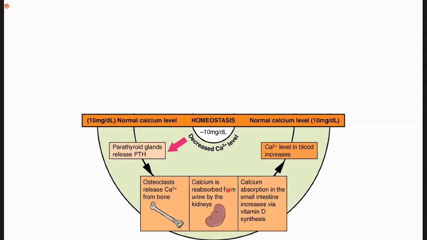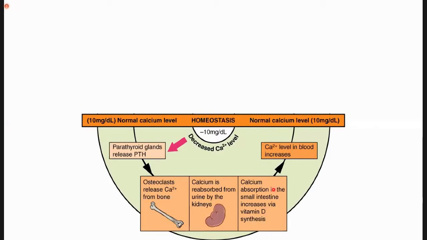Calcium is reabsorbed from urine by the kidneys, and calcium absorption in the small intestine increases by vitamin D synthesis as well. So parathyroid hormone not only causes the release of calcium from the bones and reabsorption in the kidneys, but it also increases the activity of vitamin D by converting it into its active form, 1,25 dihydroxy calcitriol, which acts on the intestine and increases calcium absorption.